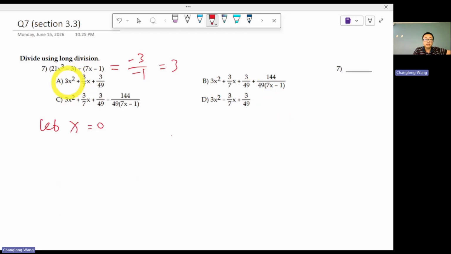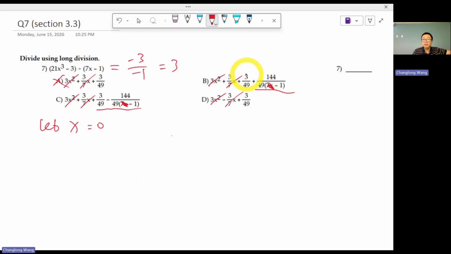Now, if you do that, that means those guys are gone. Don't worry about the x's, right? Even this guy. So now what you're looking at is the first guy, 3 over 49, wrong, because obviously that's not a 3, right? Now for letter C or B, use the calculator, right?